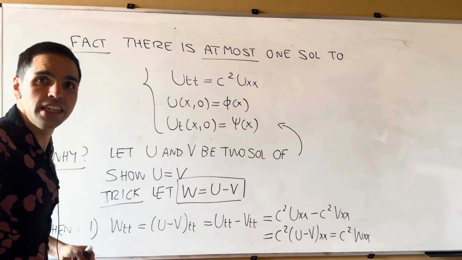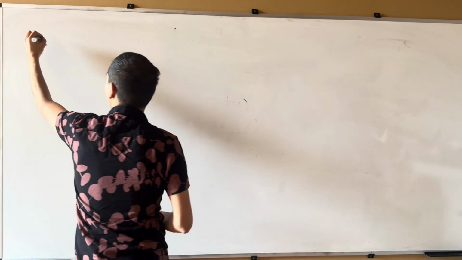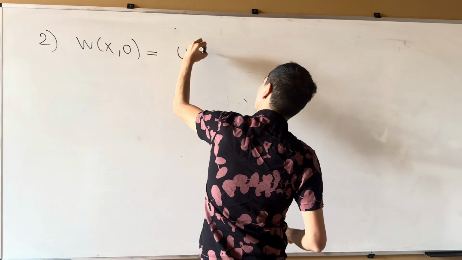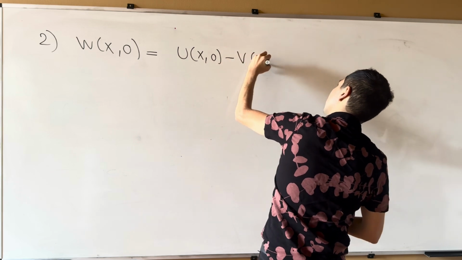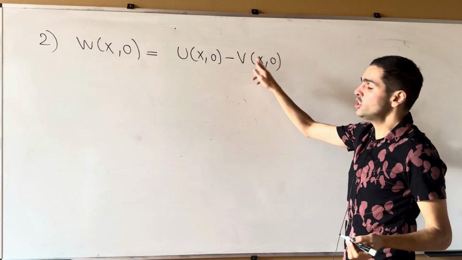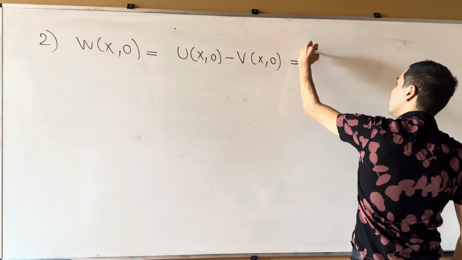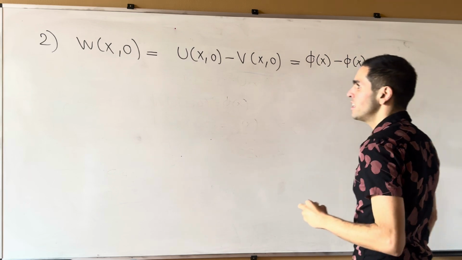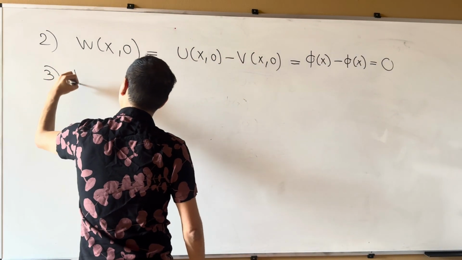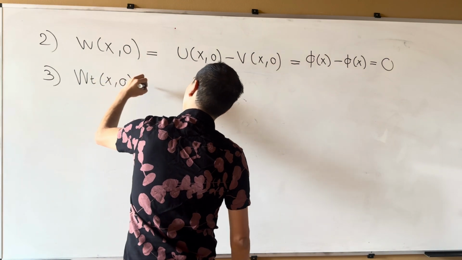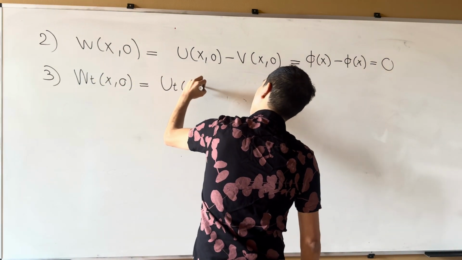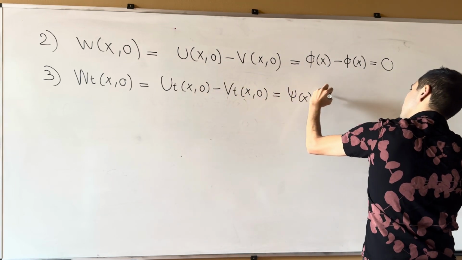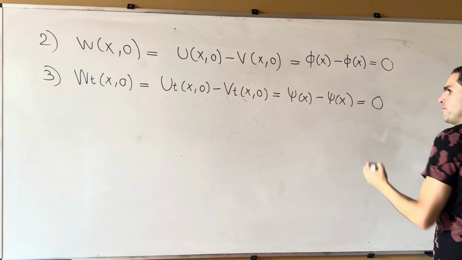And now let's just plug in the initial conditions. Then, second of all, W(x,0). Once again, W is U minus V, so it's U(x,0) minus V(x,0). But once again, U and V solve the same PDE with the same initial condition. So it's phi of x minus phi of x, which is 0. And last but not least, W_t(x,0), that is U_t(x,0) minus V_t(x,0), but that's psi of x minus psi of x, and that's 0.